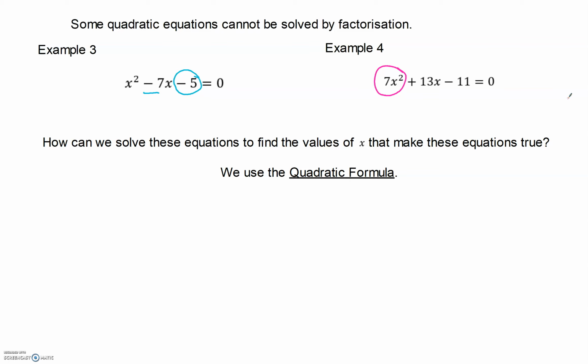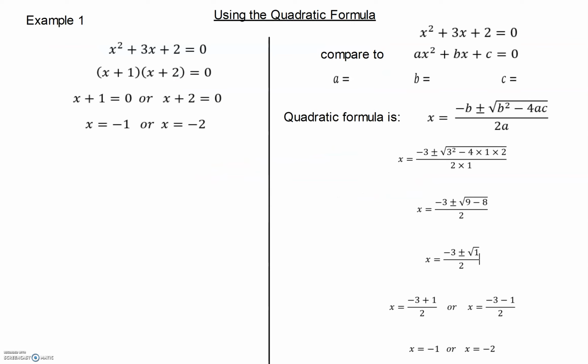So what we can use is something that is called the quadratic formula, and that's what we're going to be looking at in the next few examples. So to start with, we're going to go back to example 1 because we've already solved this, and on the left-hand side of the page we've got the solutions that we came up with right at the beginning.